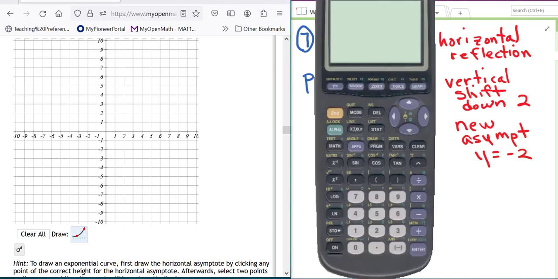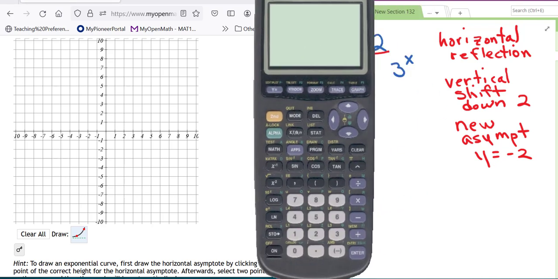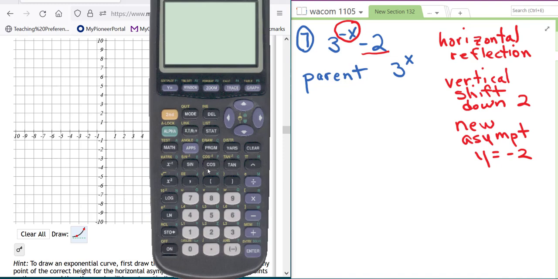All right, let's get our calculator. And we're going to go under y equals, and we'll have to turn it on first. We'll clear y equals, we'll clear everything. All right, first we'll put in 3 to the x, and we'll graph it.